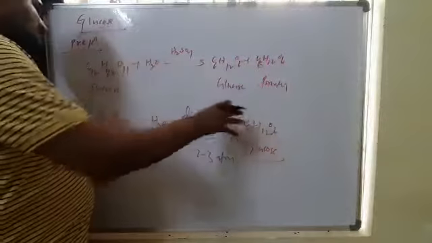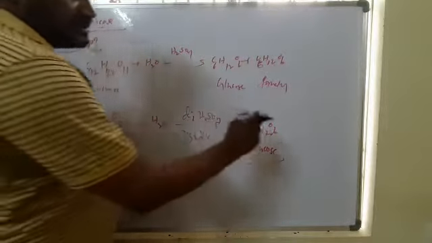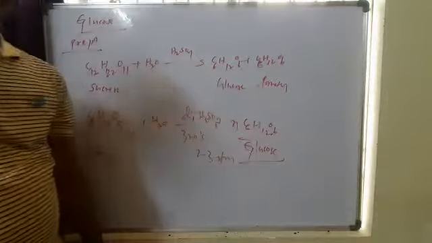So the starch is a polymer of glucose units.